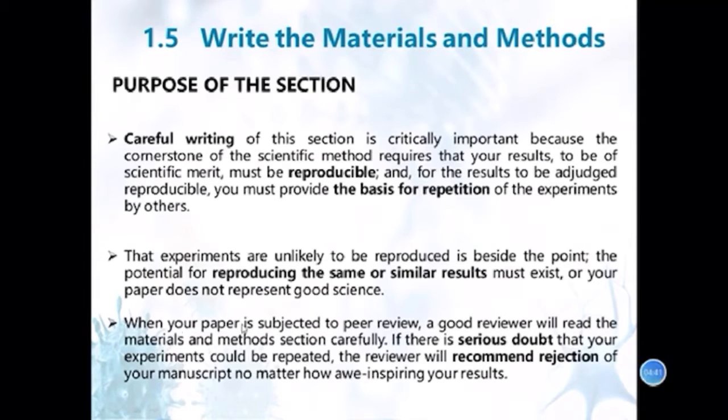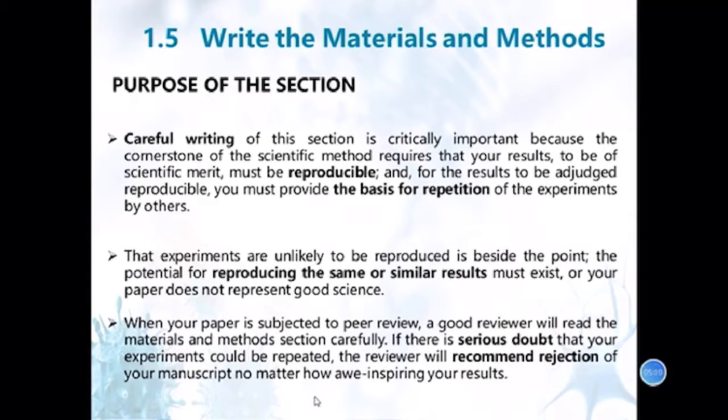When your paper is subject to peer review, a good reviewer will read the materials and methods section carefully. If there is serious doubt that your experiments could be repeated, the reviewer will recommend rejection of your manuscript, no matter how impressive your results.